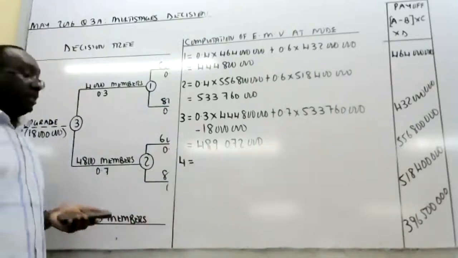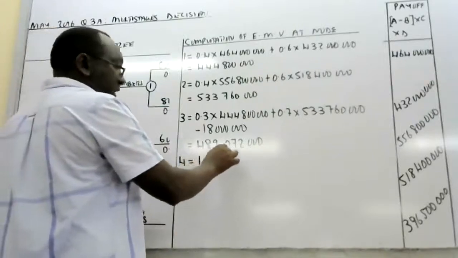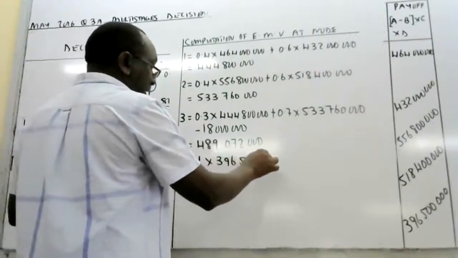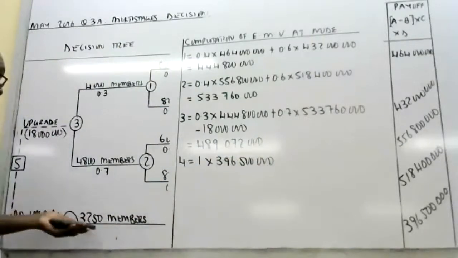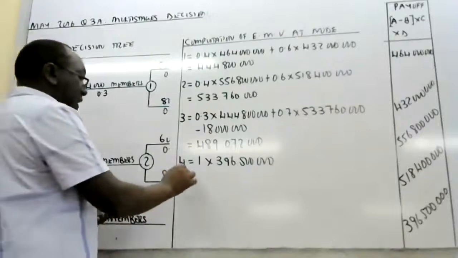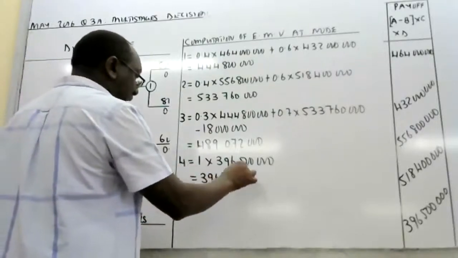Number 4 is just a matter of multiplication. 1 times 396,500, and there is no cost that is coming in. So the answer is 396,500,000.